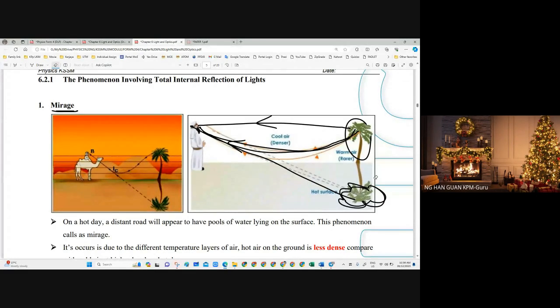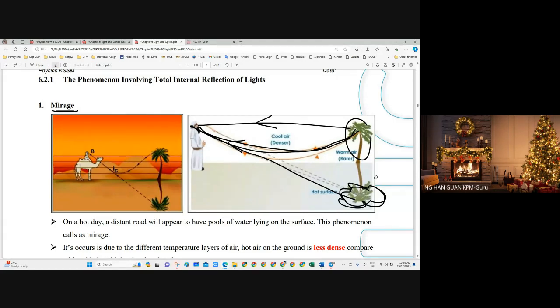Okay, so this mirage, in Mandarin we call it 海市蜃楼, right? I think this year there were 2 to 3 reports. They see a building appear above the sea. Actually that one is a virtual image because of this mirage.